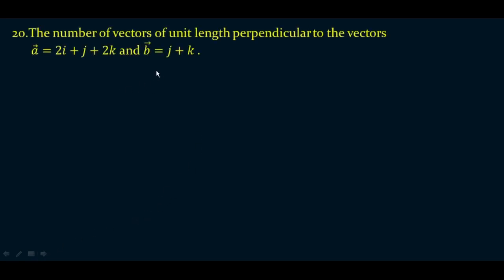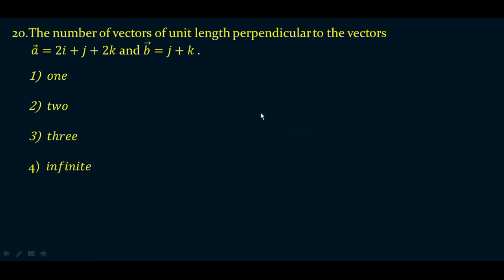The next question, question number 20. The number of vectors of unit length perpendicular to the vectors a and b is, the options are 1, 2, third option is 3 and fourth option is infinite.